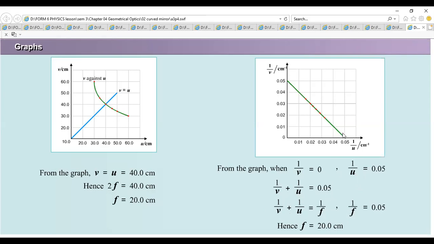At any point, when 1 over U is 0, 1 over V is equal to 0.05, and the same thing the other way round. So at the end, one of them becomes 0.05. That means that 1 over F is equal to 0.05. So from here, we resolve 1 over 0.05, and we get that F is equal to 20 cm.